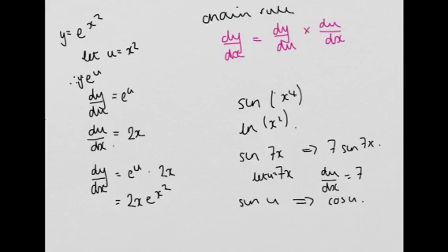That's my dy by du. And so now dy by dx is equal to dy by du multiplied by du by dx, which is cos u times 7, which is 7 cos 7x.